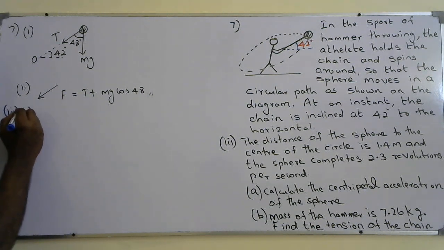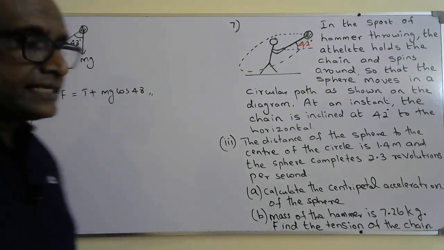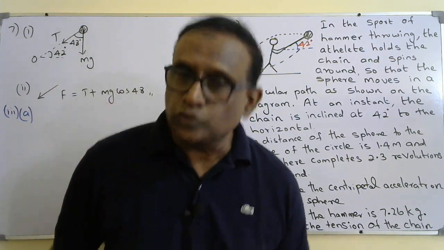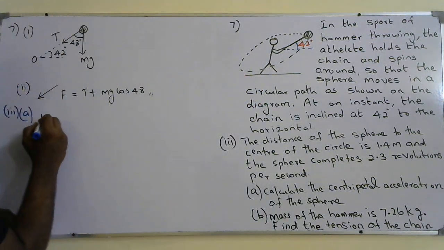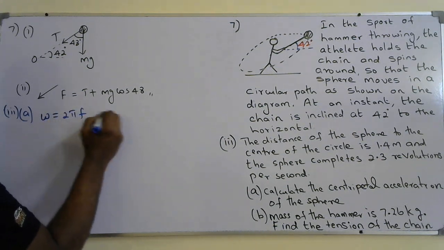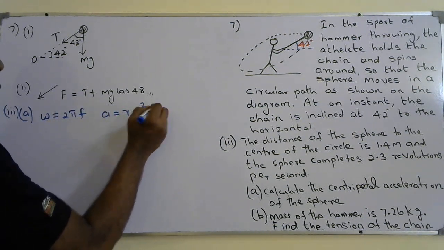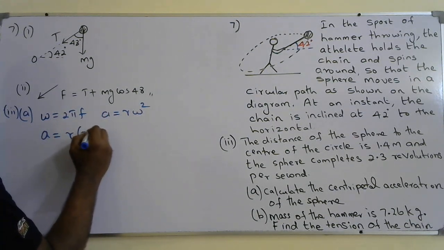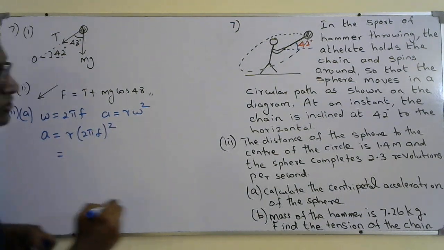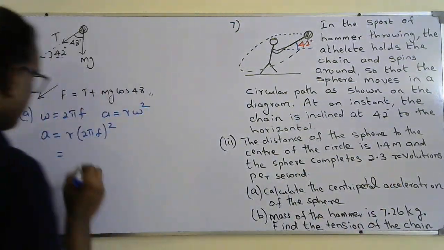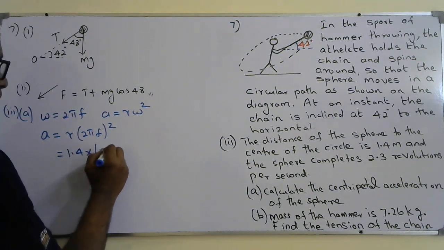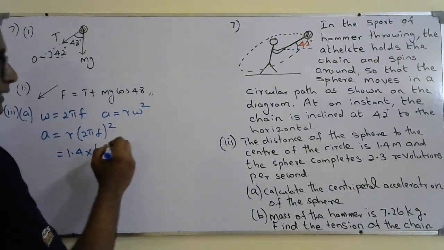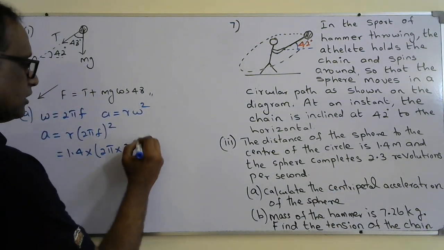We know that centripetal acceleration is given by a equals r omega squared, with omega equal to 2 pi f. So a equals r times (2 pi f) squared. The radius of the circular path is 1.4, times 2 pi times the frequency 2.3 revolutions per second, all squared.